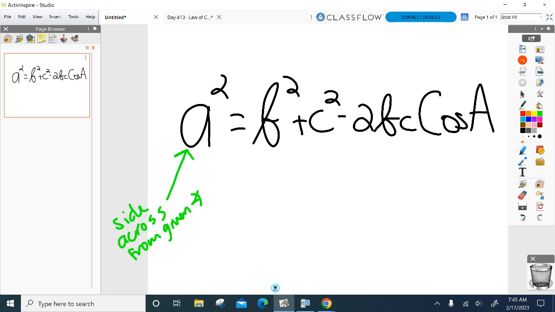b and c, there's three sides in a triangle. You've already used one, so b and c are the other two sides. That's the other two sides. And it's the same b and c you would plug in for 2bc.